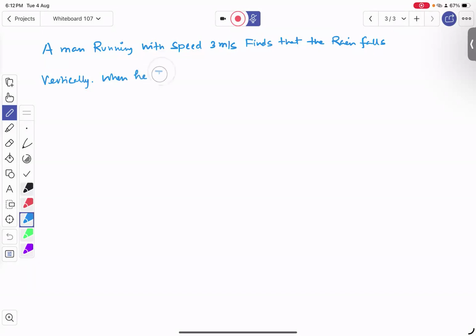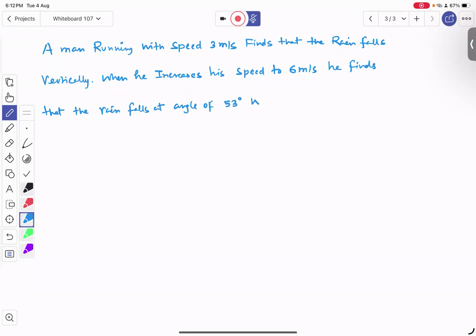When he increases his speed to 6 meters per second, he finds that the rain falls at an angle of 53 degrees from vertical.